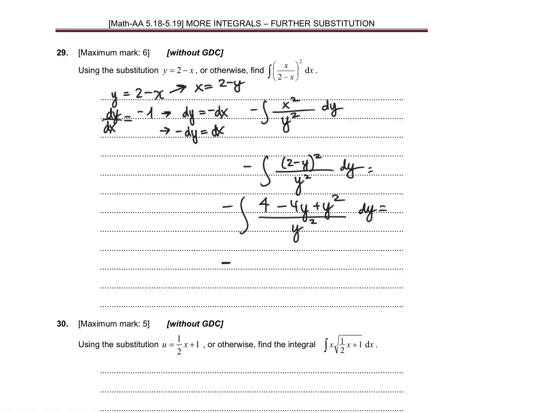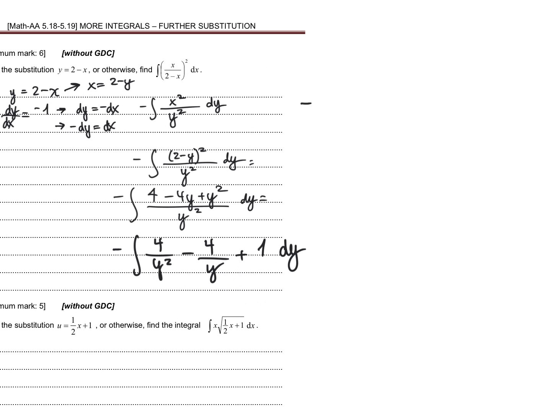And that's negative 4 over y squared minus 4 over y, because we're separating the numerator over its denominator, plus 1 dy, which becomes 4y to the negative 2.